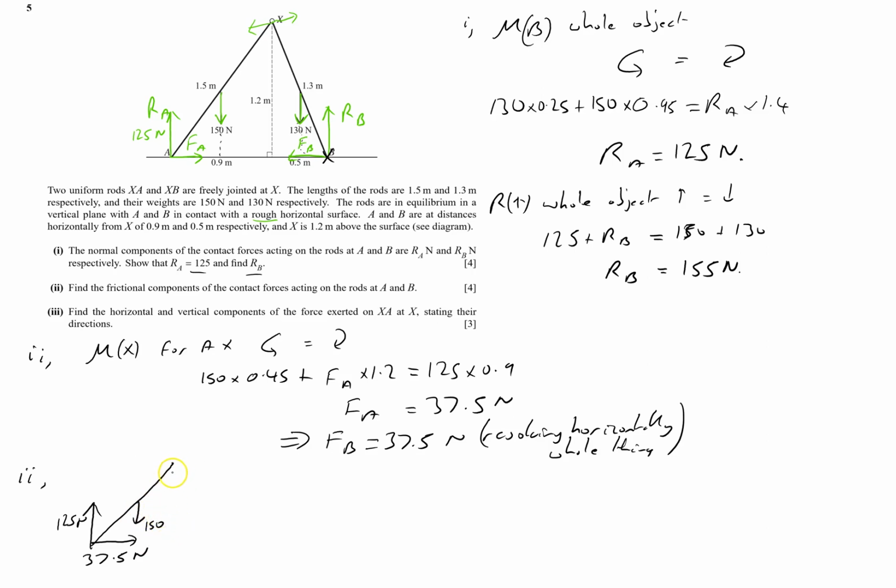What's happening up at the top here? Well, pretty obviously, I've got an extra 25 coming down, so there must be 25 newtons going upwards, and there must be 37.5 newtons to the left, and that's all I really need. So 25 newtons up, 37.5 newtons to the left, and put that in words, but that's for you to do. That's part 5 done.